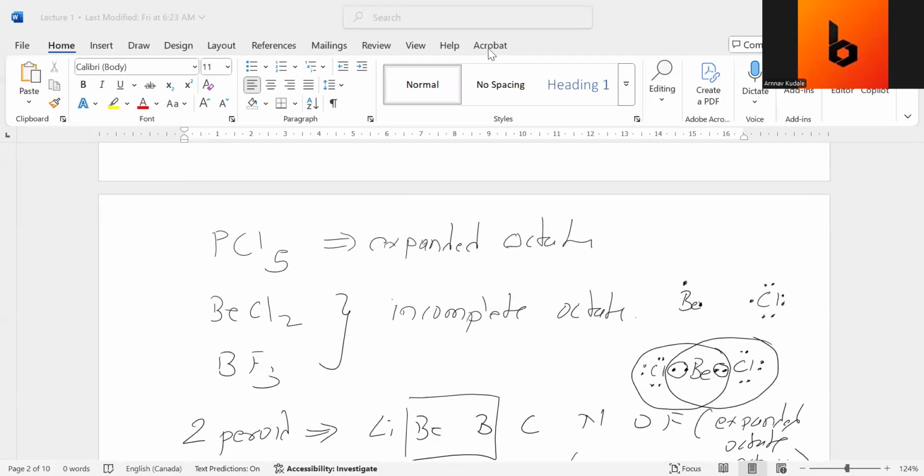Draw it in your book and share the image with me on WhatsApp. So PCl5, then BeCl2, and BF3.